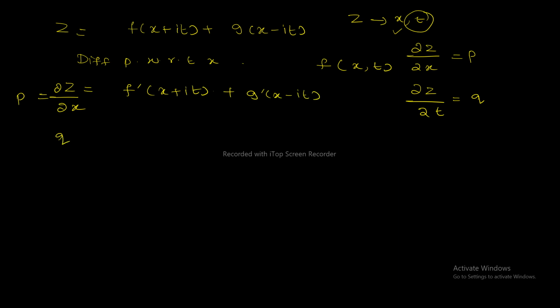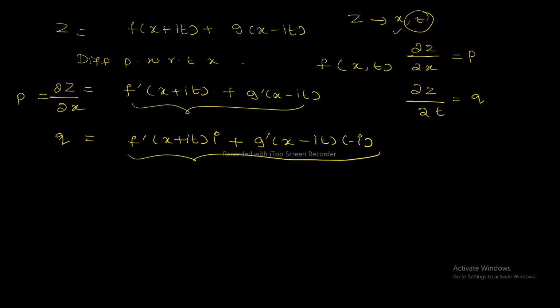And again if you differentiate with respect to t, you're going to get f dash of x plus it into i plus g dash of x minus it into minus i. So now if you compare, or if you're going to get any relations out of this and this, if you take i as common, you're going to get f dash of x minus g dash, but here you have plus.